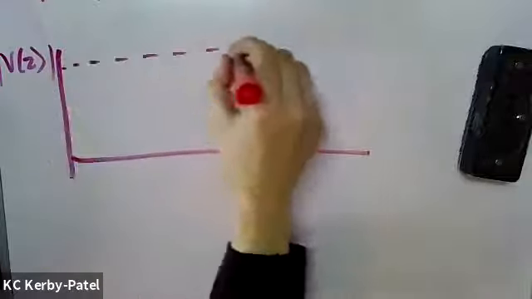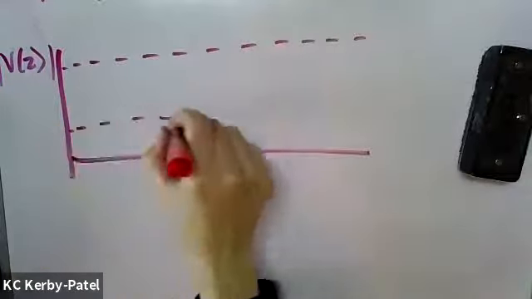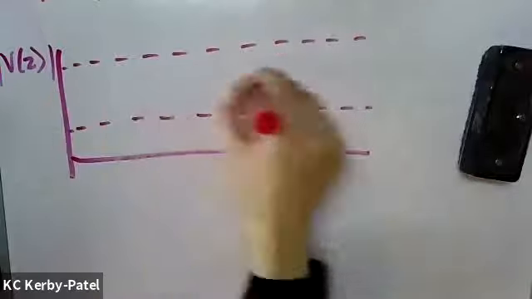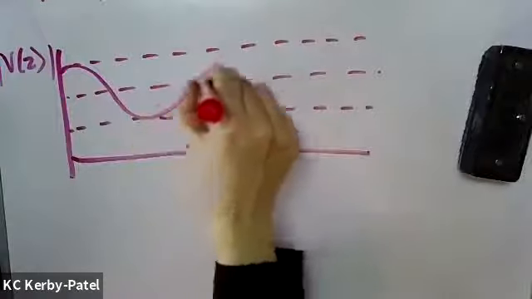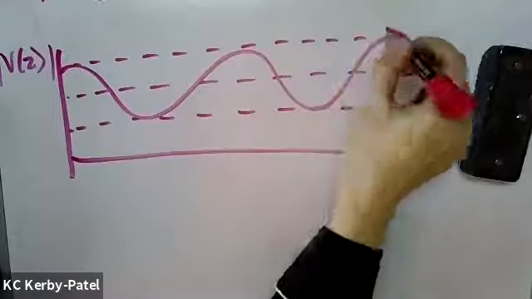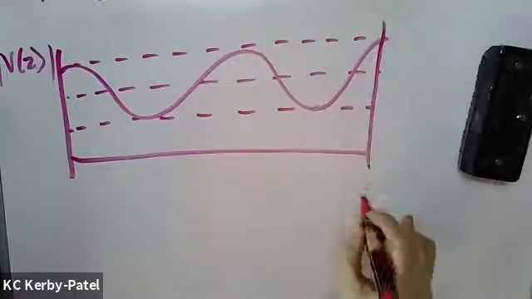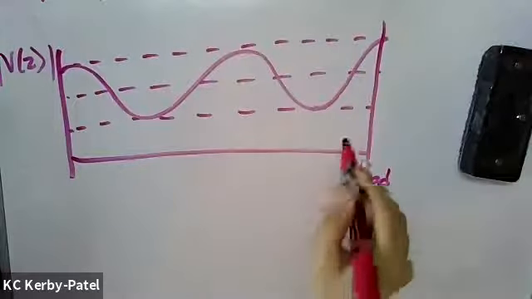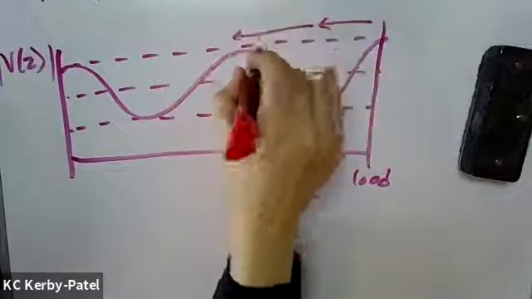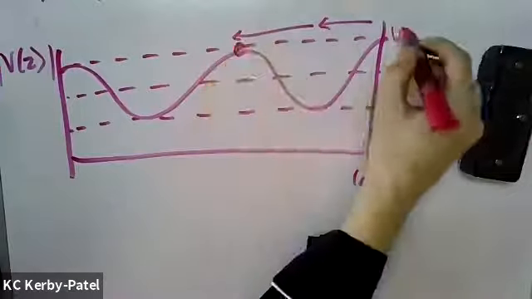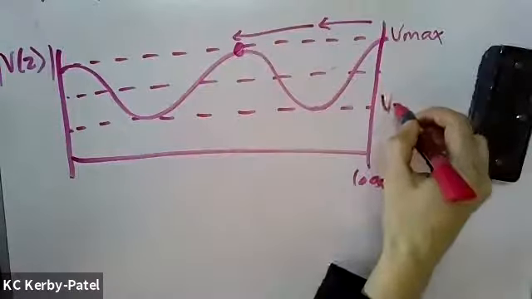There would be some maximum voltage, some minimum voltage, some average voltage in the middle, and it would kind of look like a cosine. And if my load is here, the distance that I am from the load would determine whether I see this V max or this V min.